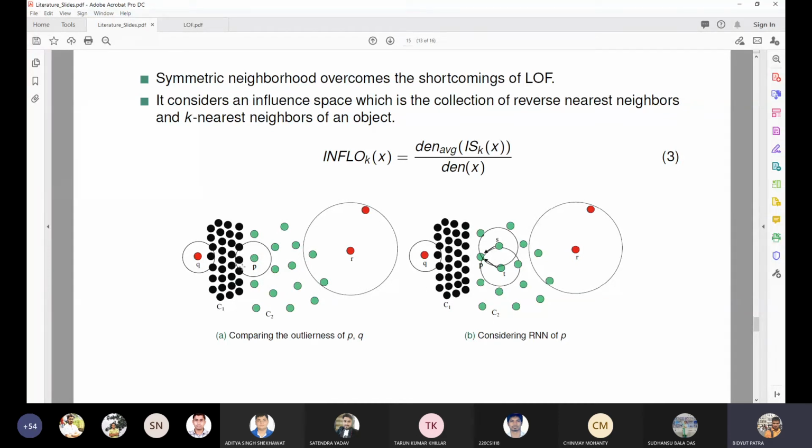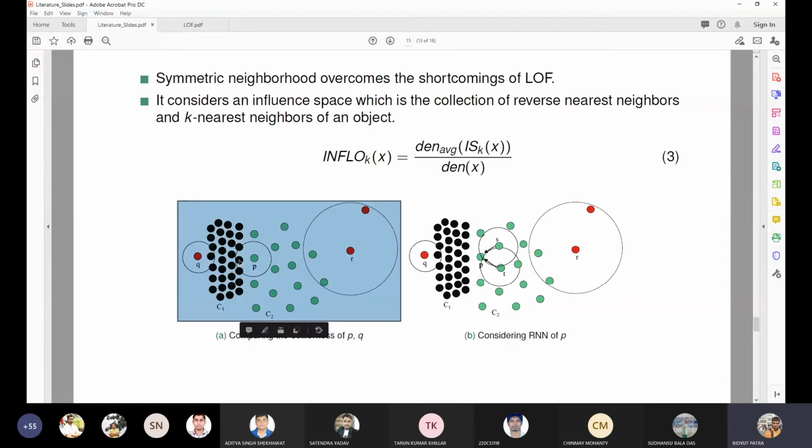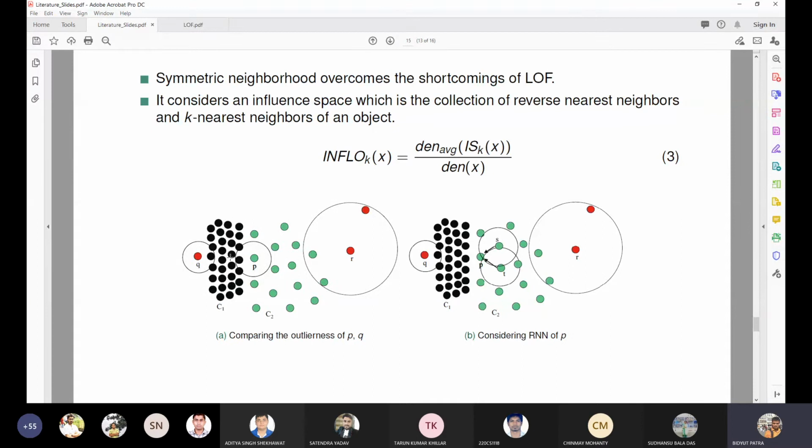Obviously this point will be the nearest neighbor of P. And now you see the reverse k nearest neighbor of P. No point in this set will consider this point as its nearest neighbor, because if you consider the k nearest neighbor of this point, it will take only from this region. So P will not be included. So who will include P? This set of points will include P.